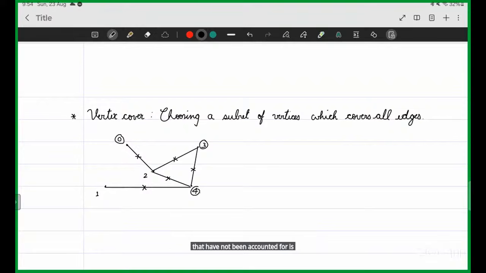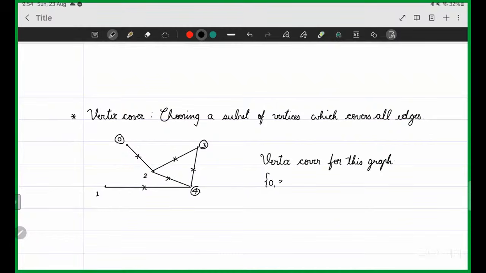A vertex cover for this graph is 0, 3, 4. The order doesn't matter.